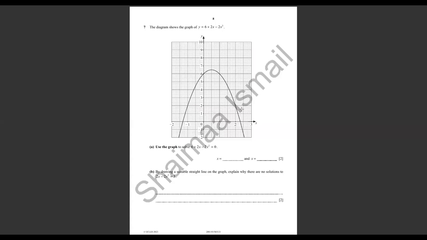So we're going to read just the intersection of the graph with the x-axis, which is clear here: negative 1.3. That is the first answer. Then reading from the graph, it will be 2.3. Put 2 marks in your pocket.